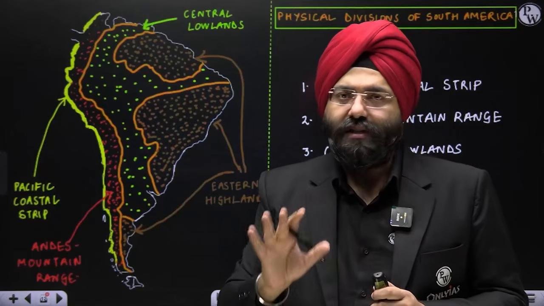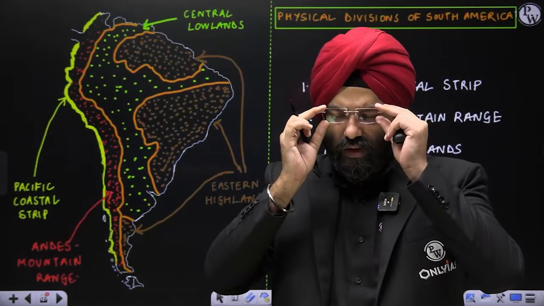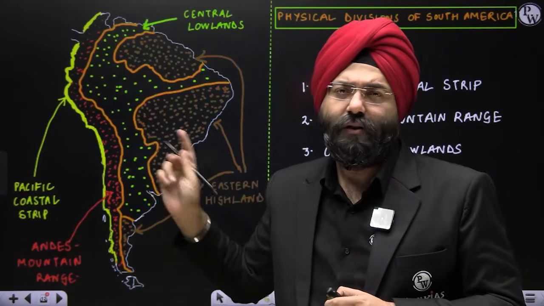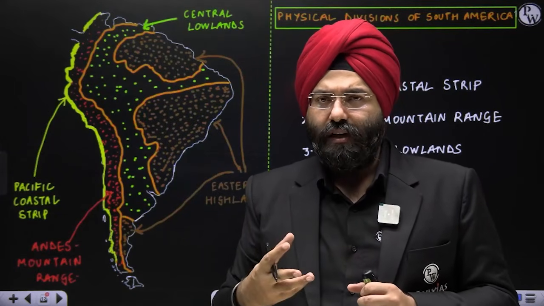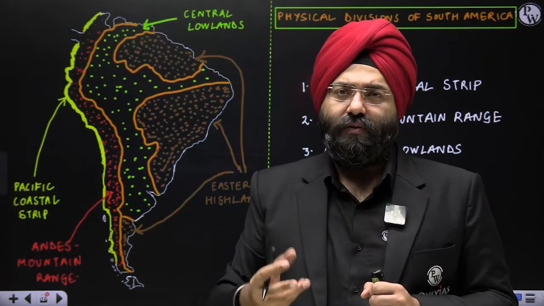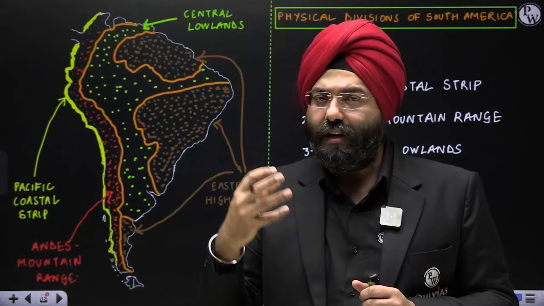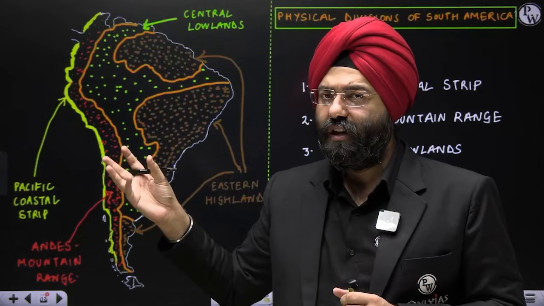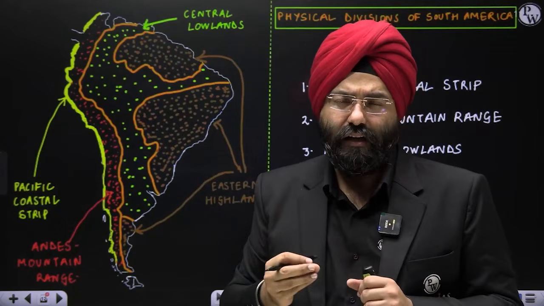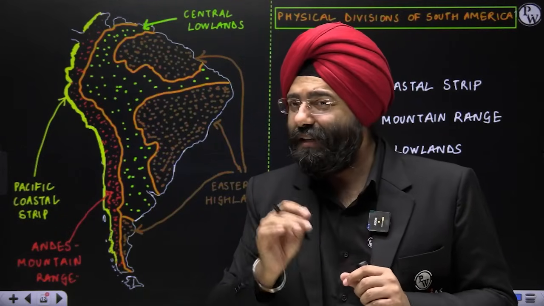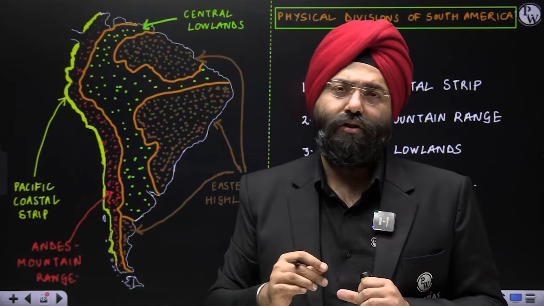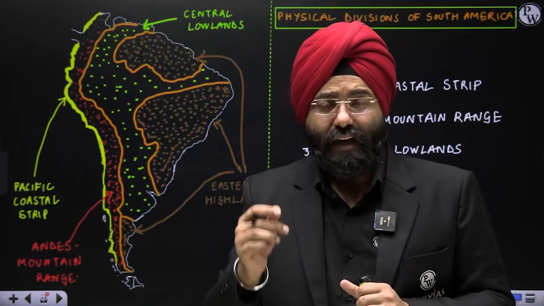And you should know these divisions, because these mappings, especially with respect to these divisions, become important as many times questions are asked where you have to apply the concepts and give examples. By understanding these geographical divisions and their association with the human geographical angle, you can write the answers whenever questions are asked. It is not necessary that the question has to be on South America in your mains examination. It can be something else also.